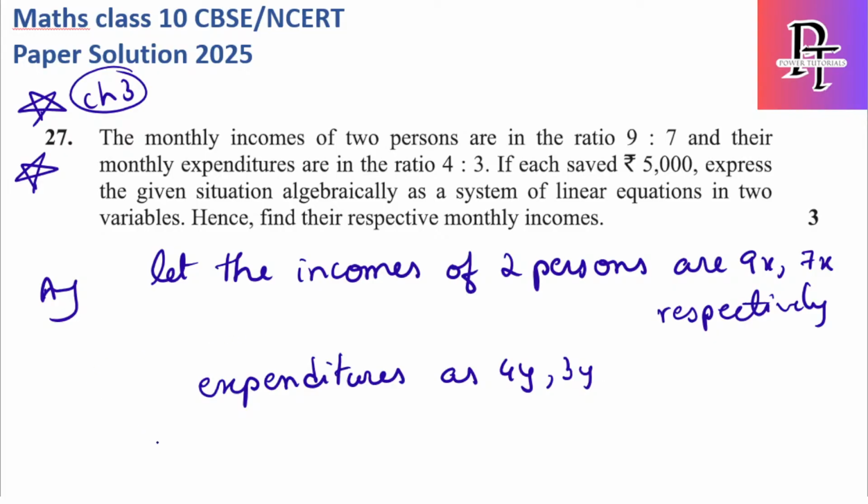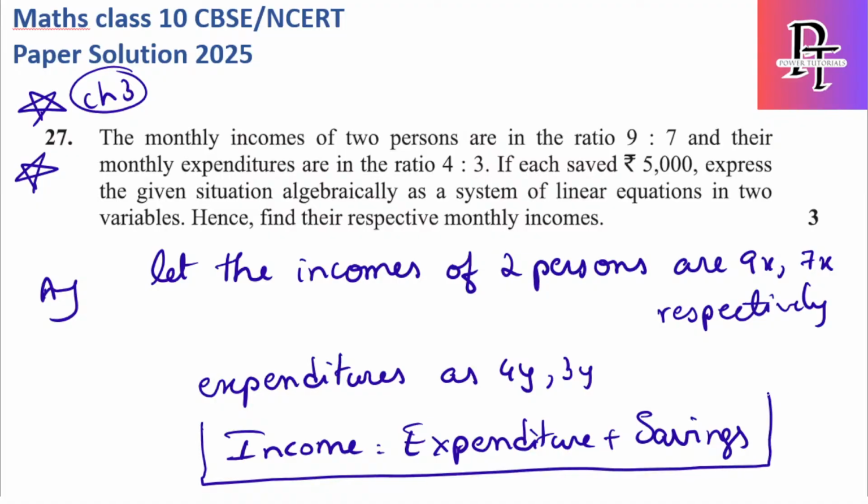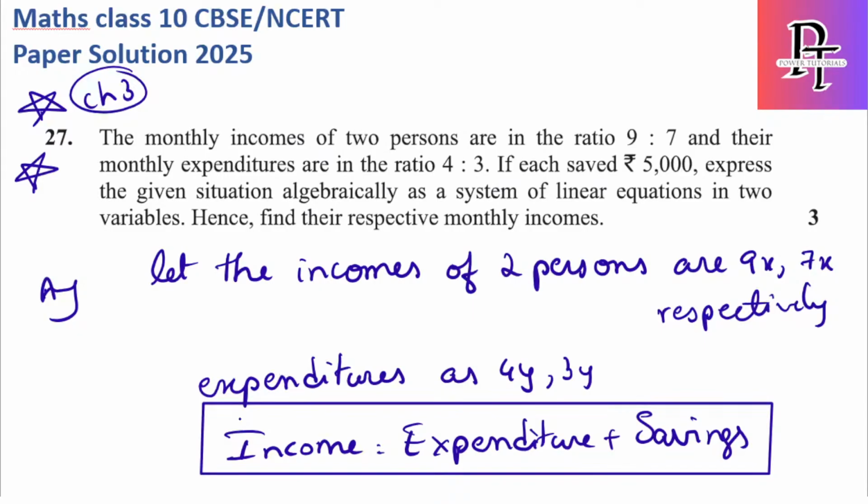Now what about income? Income is equal to expenditure plus savings. In layman's terms, suppose the salary of a person is 30,000 and he spends 20,000, then his saving is 30,000 minus 20,000, so he is saving 10,000.